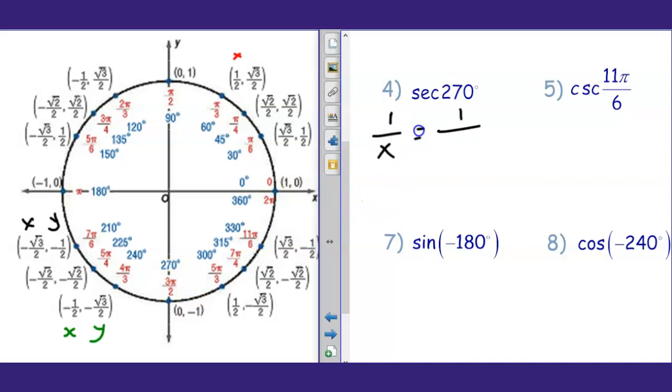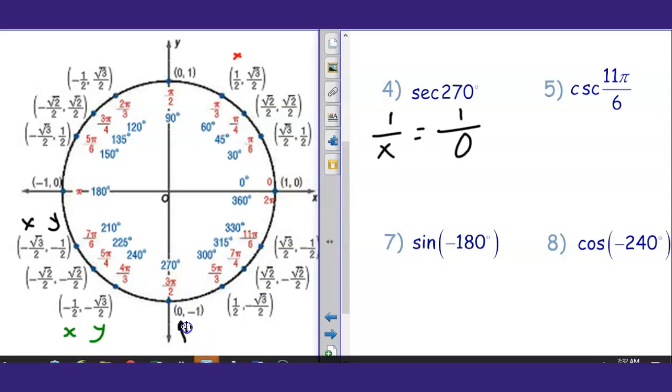So we have 1 divided by 0, because the x value is 0. So that is going to be undefined. Secant of 270 is undefined.